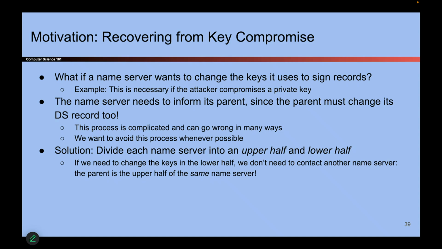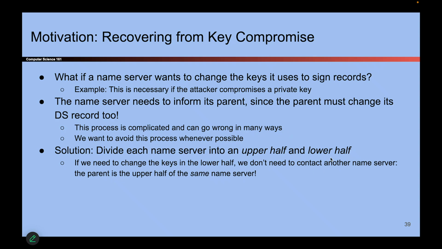So the solution, and it's kind of weird, is to actually split every name server into two. So each name server has an upper half and a lower half. So now, if you think about the lower half's key getting compromised, they would have to report to their parent. But if we split every name server into two name servers, who is the lower half's parent? It's the upper half. So in other words, your parent is yourself.